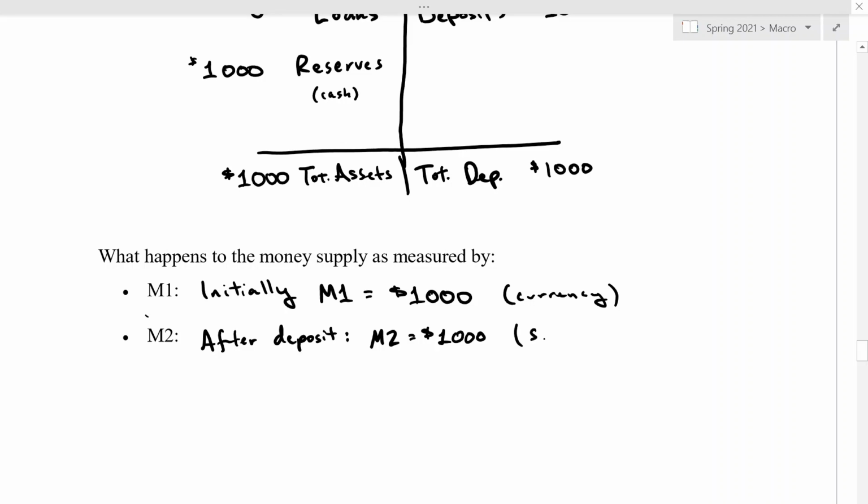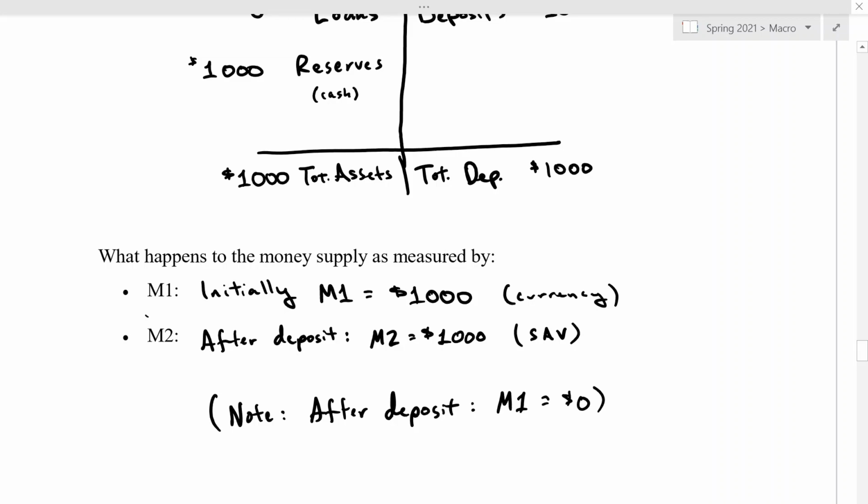So I'm just going to put SAV for a savings account. Also, just note, after the deposit, the M1 goes back to zero based on that original amount, because that currency is not held as currency anymore. It's held as a savings account.